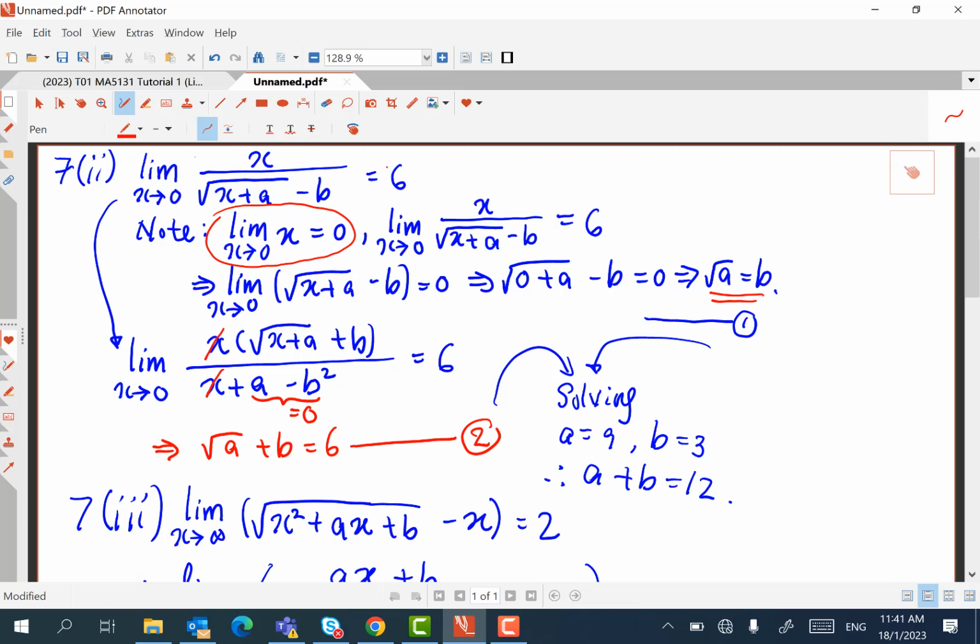But because it's not 0, but because it's 6, that suggests to you that the limit of the denominator has to be 0, otherwise it won't work. You understand? And then that allows me to draw this conclusion. Okay, that's 7 part 2.